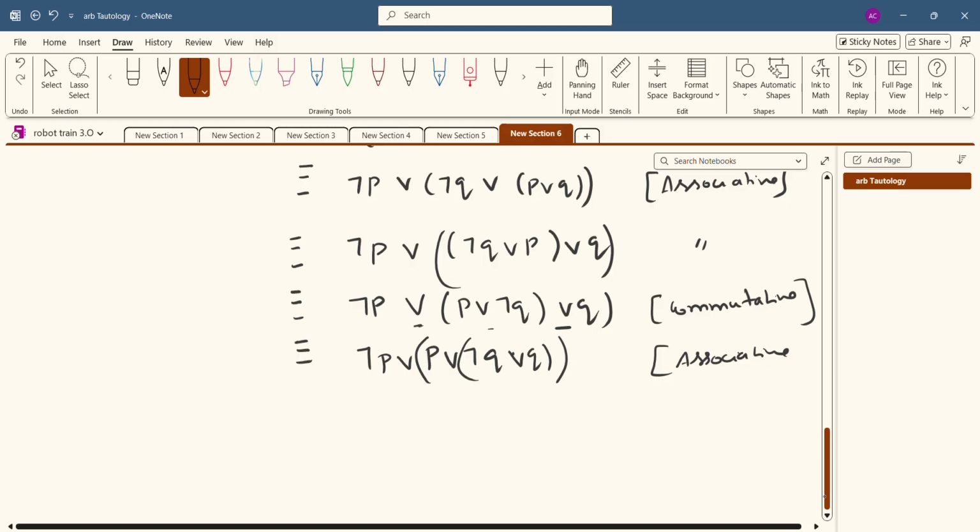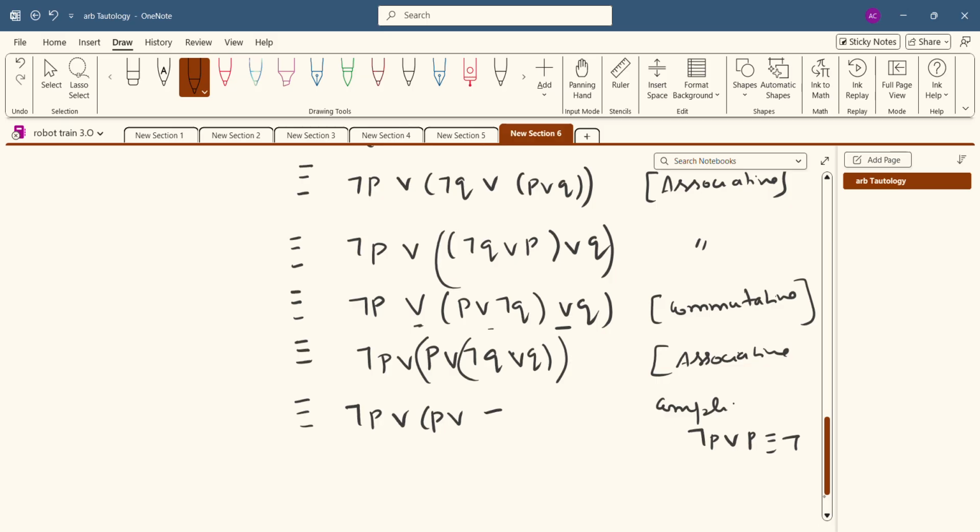Negation Q union Q. Here I am going to apply the complement law. What is the complement law? The complement law is negation P disjunction P is equivalent to true. So negation Q union Q is true. Then P union T, that is the dominant law.